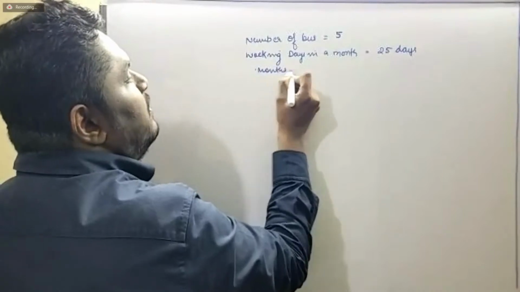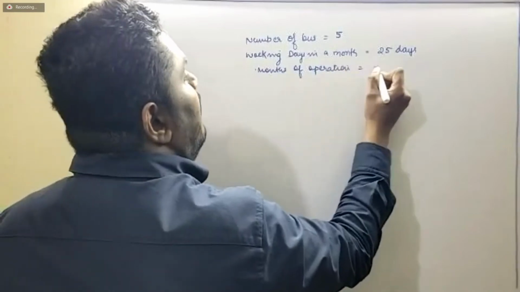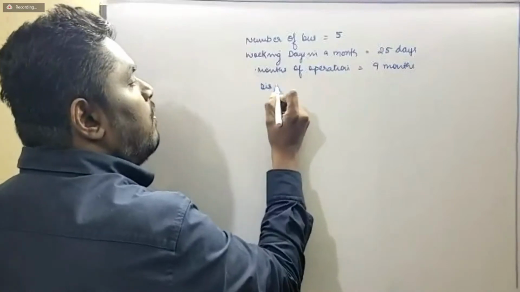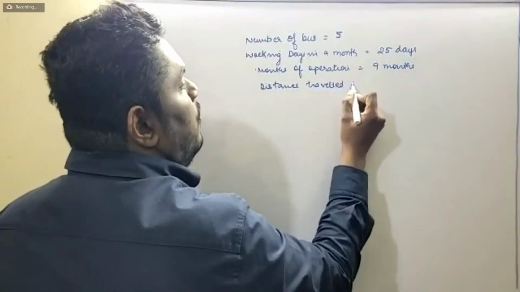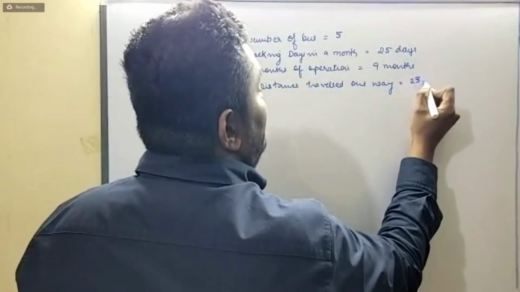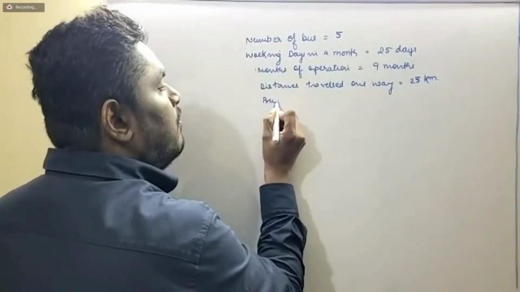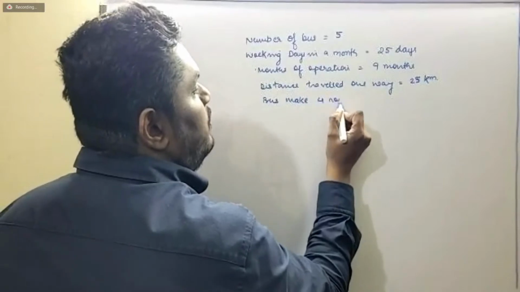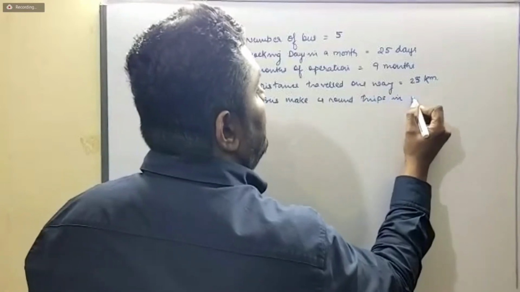Months of operation, nine months, distance traveled one way is 25 kilometers. Bus make 4 round trips in a day.